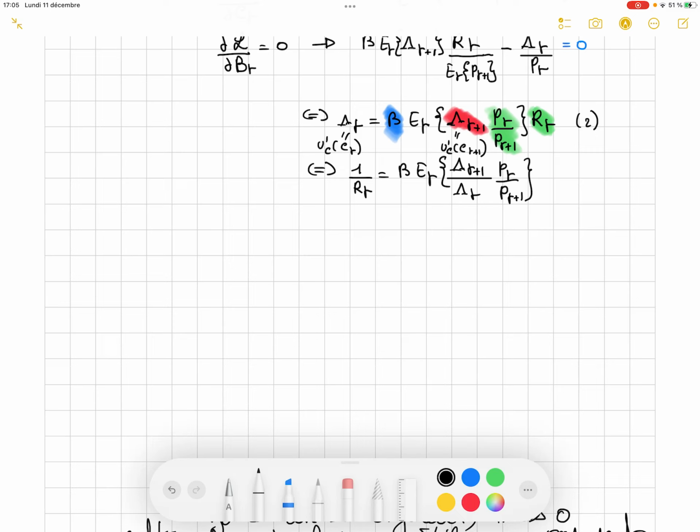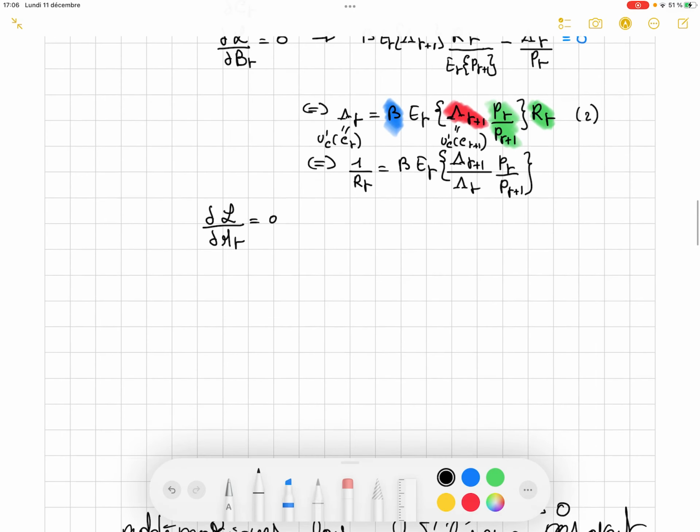So this is our second first order condition. We have a last first order condition related to the money market. We derive with respect to money, because now the household can hold money too. It's also a sort of asset, because you can still use it to consume tomorrow, but it's also something that gives you utility.